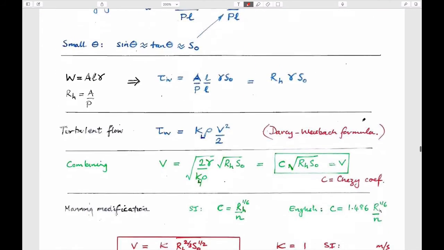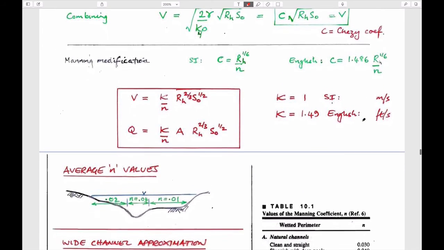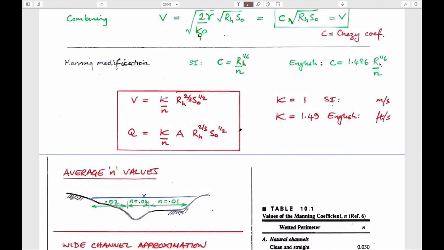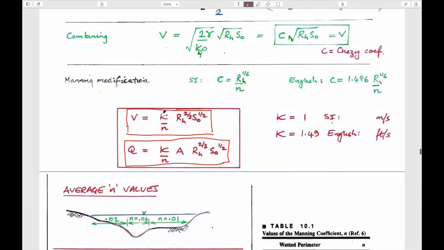We don't really need to do this derivation, but we noted that if we want to calculate flows, and I did it wrong on the first page, I guess, this is equal to volumetric flow rate, and this is equal to average velocity. So this is a function of this coefficient, which for us should always be 1 because we're using SI units, the Manning coefficient, hydraulic radius, and the inclination of the bed.